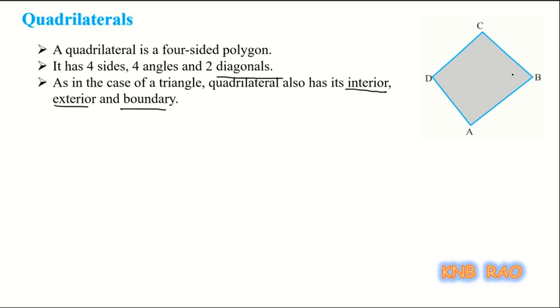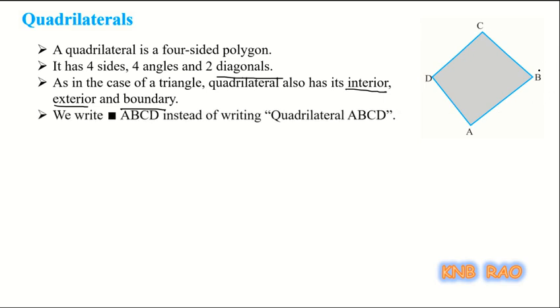So a quadrilateral also divides the plane into 3 parts, that is interior portion, exterior portion and the boundary itself, that is the quadrilateral itself. Now we write the quadrilateral symbol instead of the word quadrilateral, like shown here, quadrilateral ABCD.